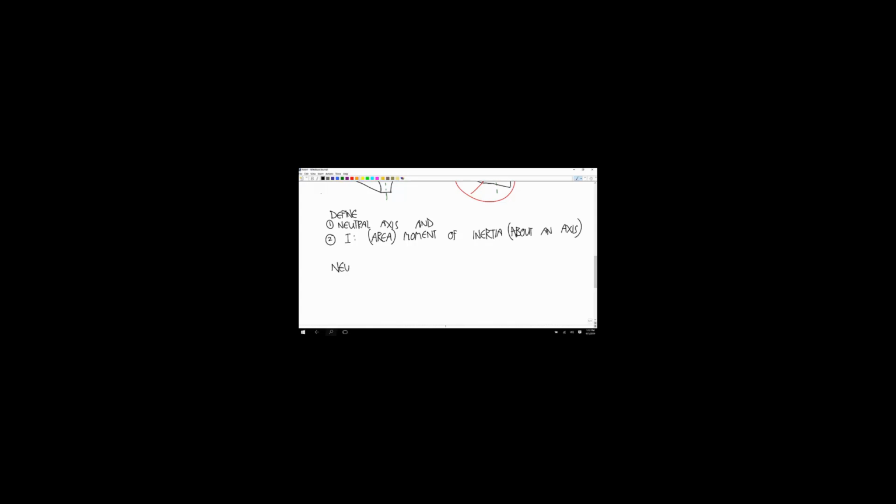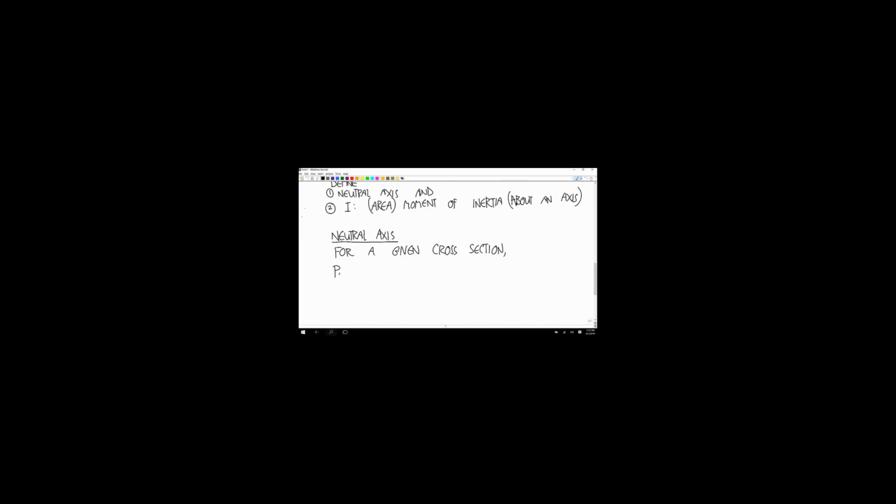So the neutral axis. The neutral axis, for a given cross section, is parallel to the z-axis, and it passes through the cross section's centroid.